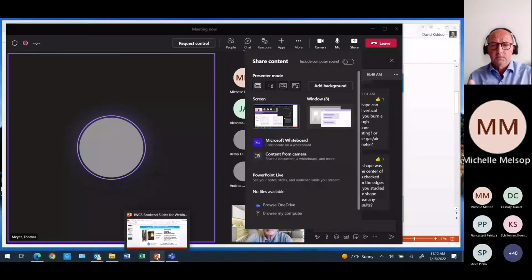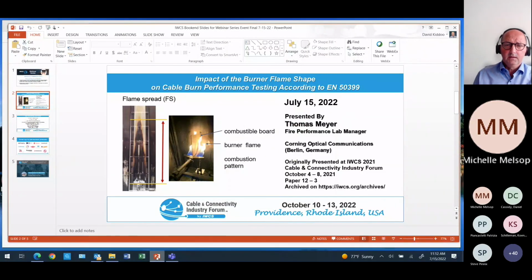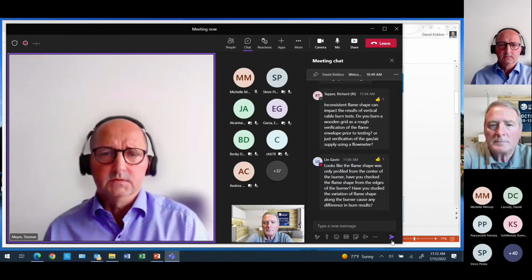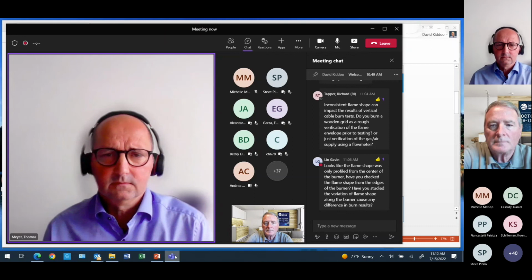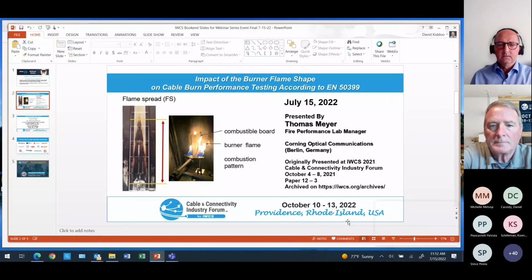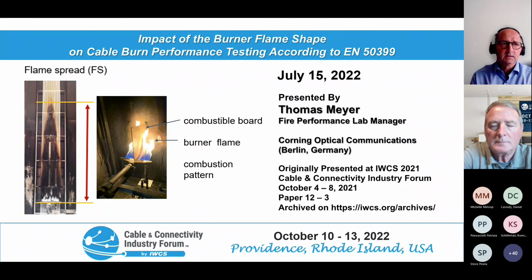When you go more to the side, the heat is reduced, which is the normal behavior. So the flame shape on the side is different than in the center.